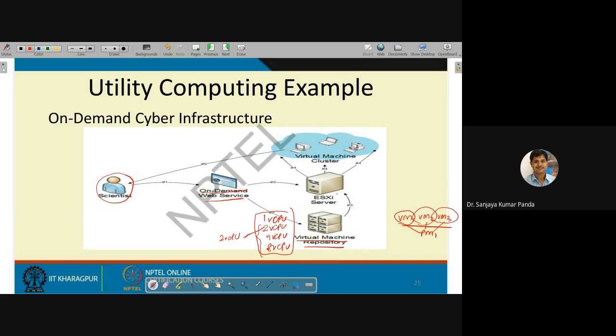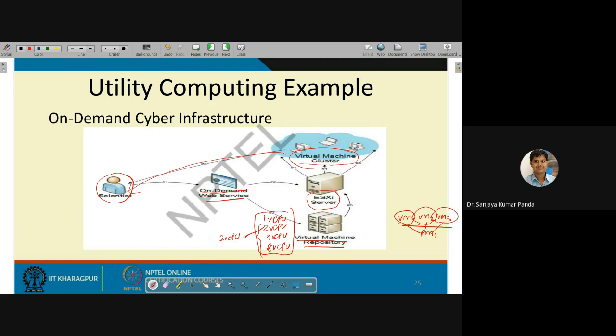Then this request is given to the server, which we call the ESXi server, right? So what this server is going to do is deploy a particular virtual machine. Finally, the request reaches the virtual machine cluster and this virtual machine is provided to that particular user.